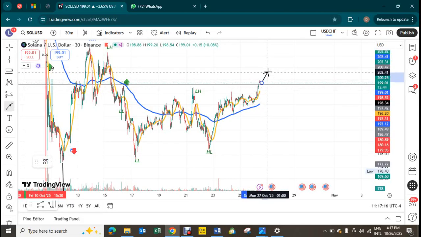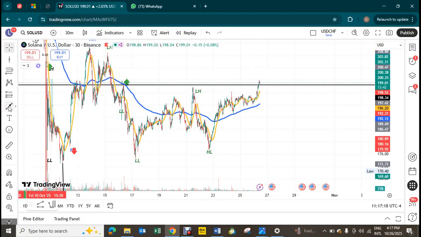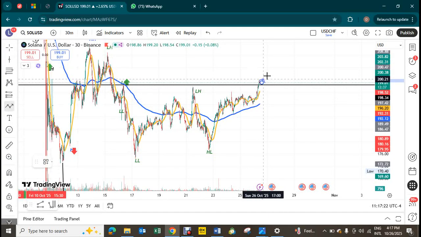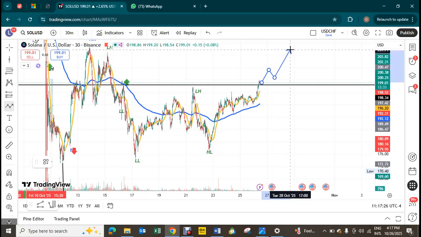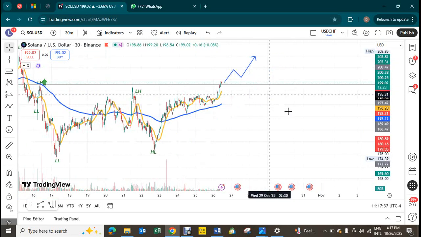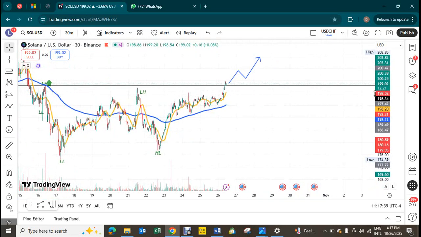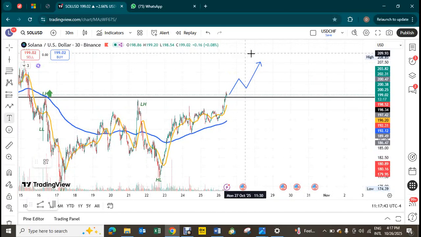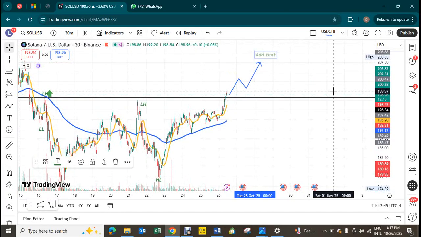Let me see price come like this, towards this level, maybe come down here, and at least to this level. Let's say here. So price comes towards this side, and then it needs to come up towards this level to give us our first higher high.